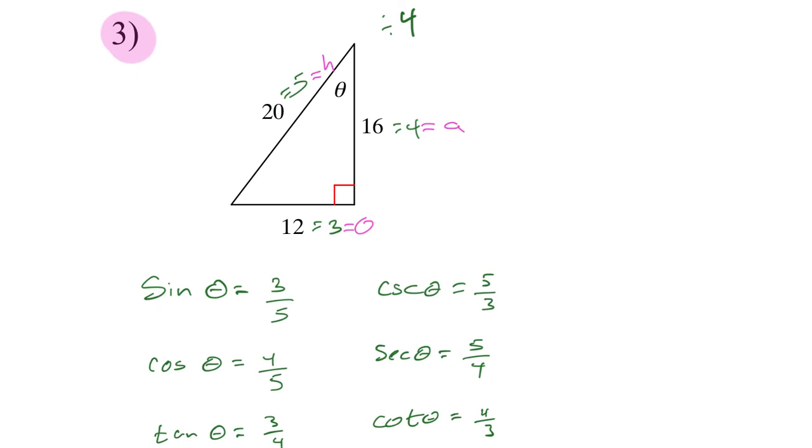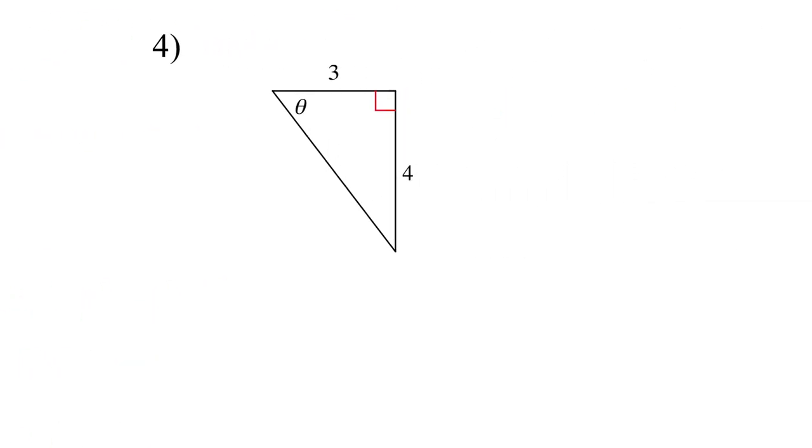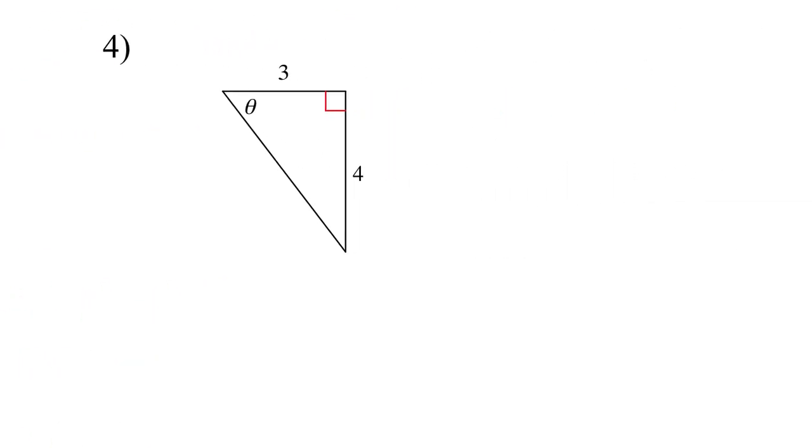Now let's see what's happening when I'm missing one side. So like this one, I got 3, 4, and I'm missing my hypotenuse. As you should remember from geometry, to find a missing side of a right triangle, we use the Pythagorean theorem, where c is always the hypotenuse, then x and y.